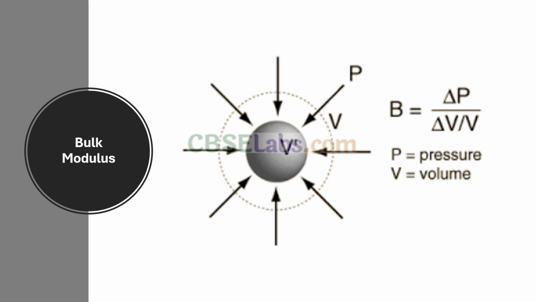Within elastic limit, the bulk modulus is defined as the ratio of normal stress to volumetric strain. The negative sign indicates that the volume variation and pressure variation always oppose each other. The reciprocal of bulk modulus is commonly referred to as the compressibility. It is defined as the fractional change in volume per unit change in pressure.